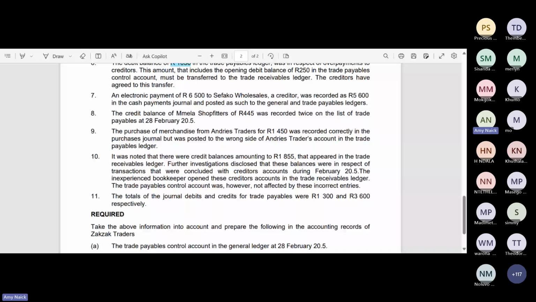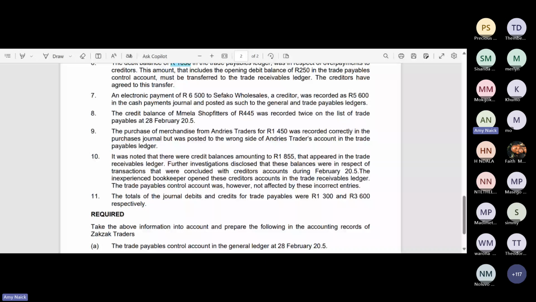So there was a purchase, there was an incorrect posting in the ledger. Normally, our creditor would have increased because we made a purchase, right? So it would have been a credit. But because we processed it incorrectly, we have actually done a debit. So you need to reverse out the incorrect entry. So you need to credit it, right?